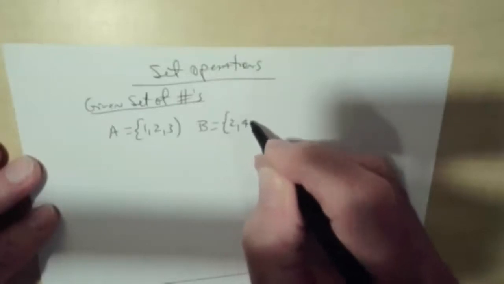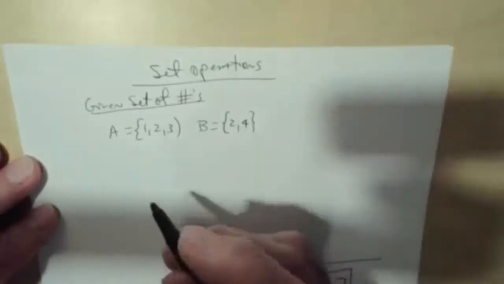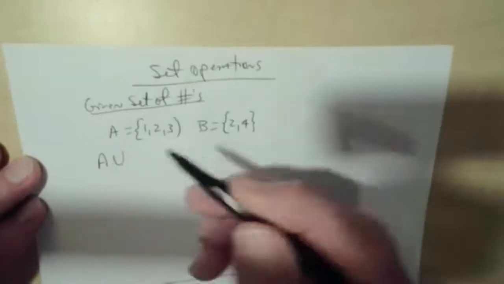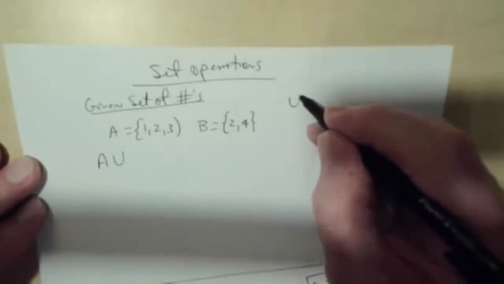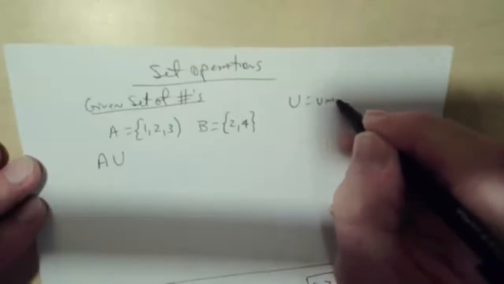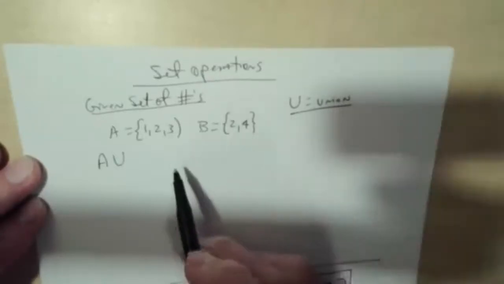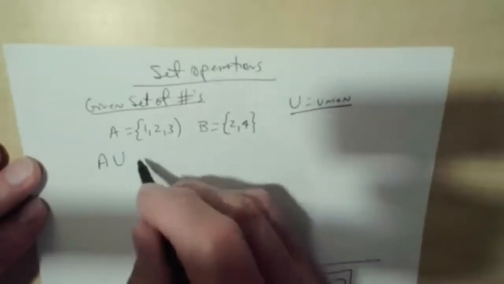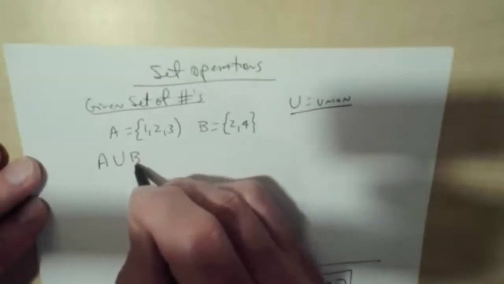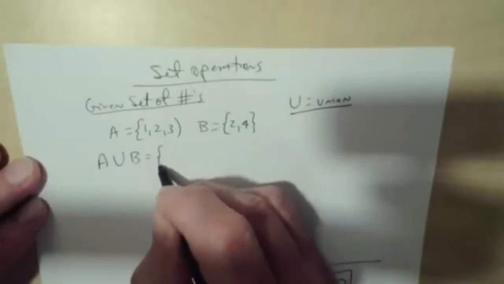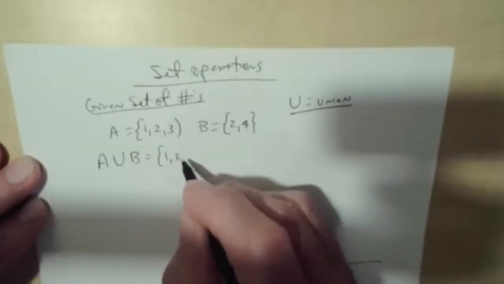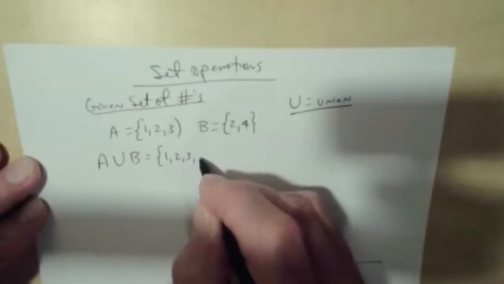Now, if you have A union B, this means union. In other words, it's this number and these numbers all together. A union B includes all of the numbers here. So 1, 2, 3, and 4. We don't have to put the 2 again because we've already got it.